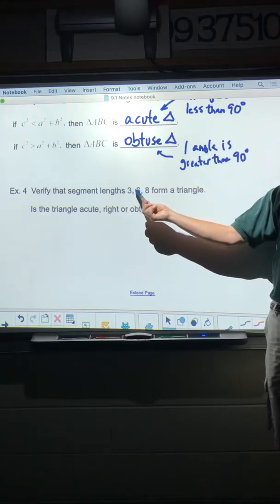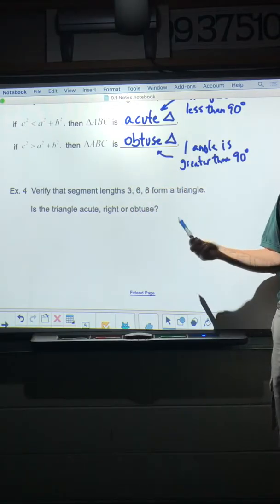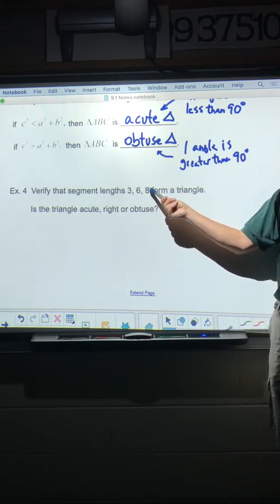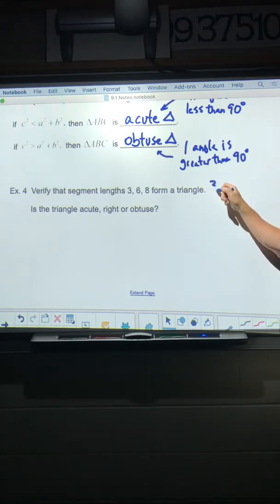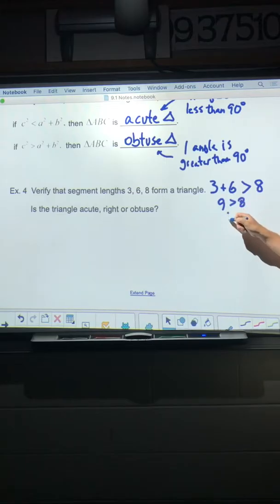The two smaller sides added together have to be bigger than the third side. So 3 plus 6 has to be greater than 8. So 3 plus 6 is 9, which is greater than 8. So that's true. This does form a triangle.